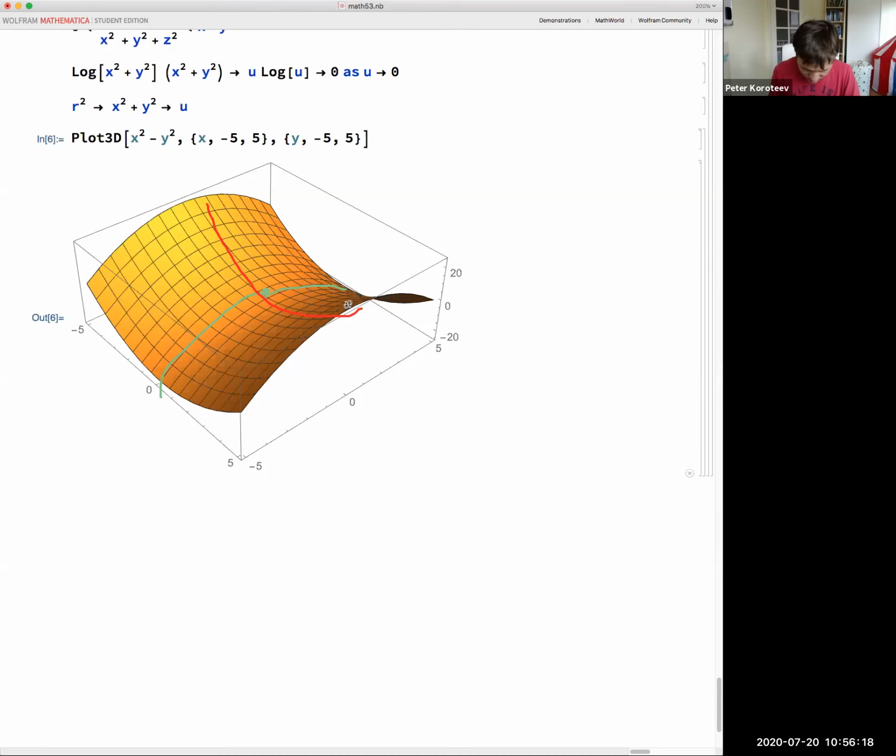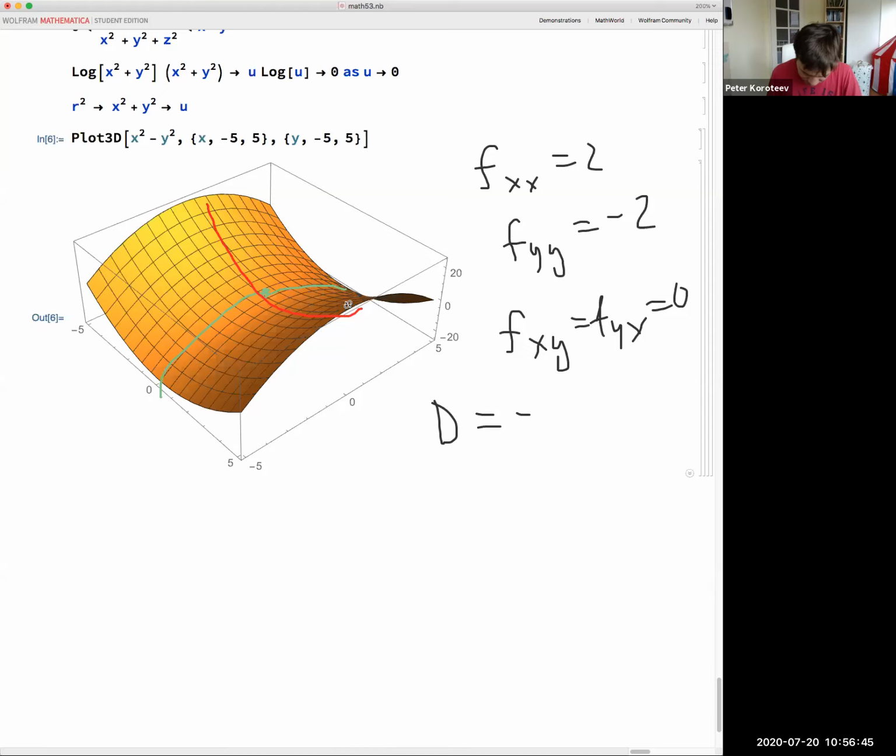So let's calculate the determinant here, right? f_xx is equal to 2, f_yy is equal to -2, and then f_xy is equal to f_yx is equal to 0. So therefore, this determinant delta is equal to -4. It's less than 0, and therefore the point x equal to 0 is neither minimum nor maximum.